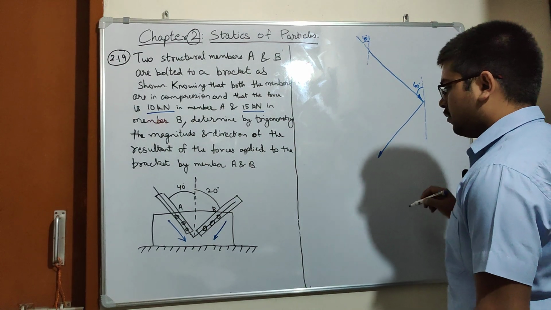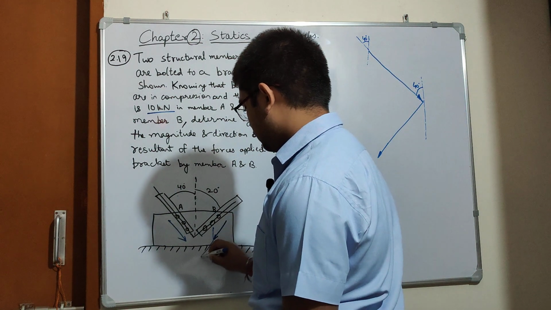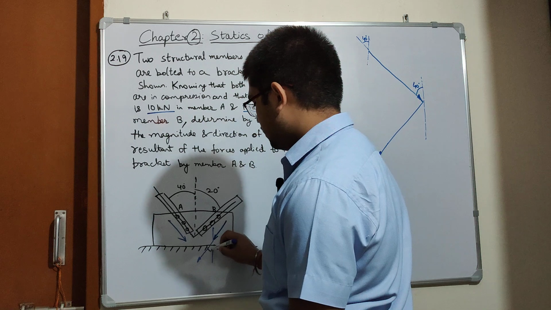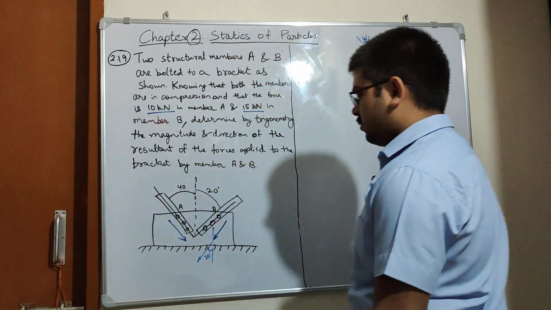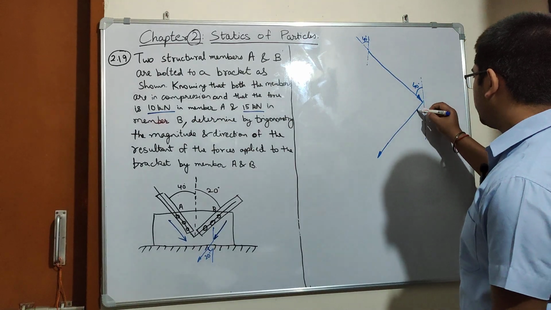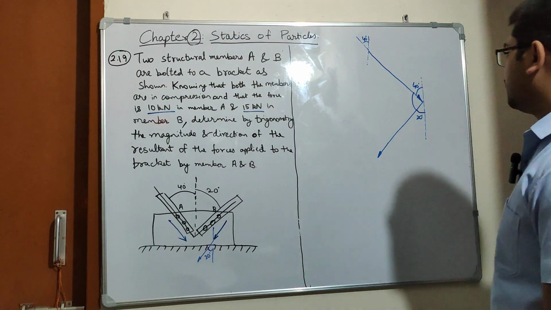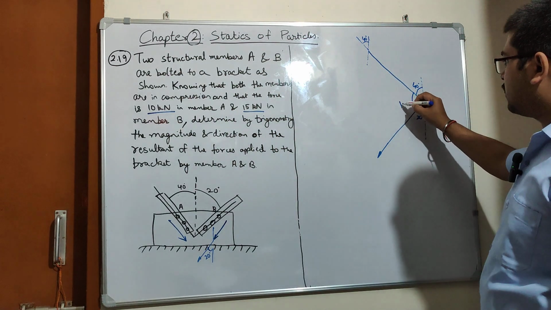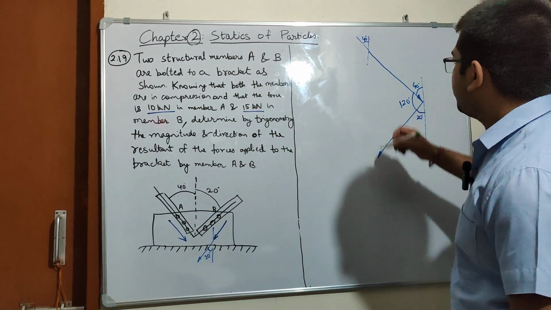So we extend this vector like this. So this is 20 degrees. This is 20 degree, and so this would be 20 degree, and this would be 40 plus 20 is 60. 180 minus 60 is 120. So this is 120 degree, and we have the resultant vector.